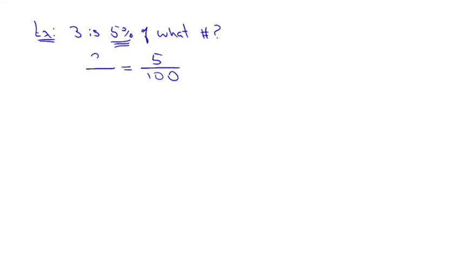So it would be 3 over B. Well, in this case, B or X. I try to use B myself. So how do I solve? 5B equals 300. Therefore, B is equal to 60. So 3 is 5% of 60. So if you did 5% of 60, the answer would be 3. Simple, right?